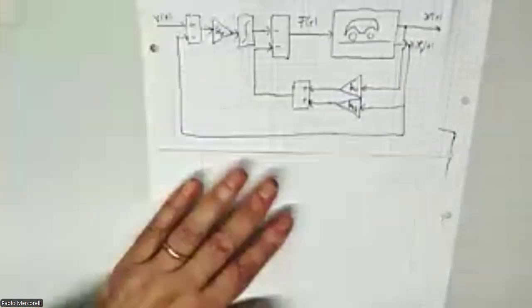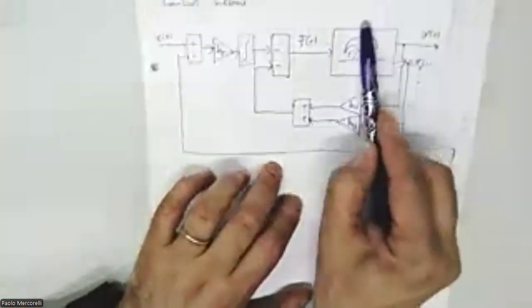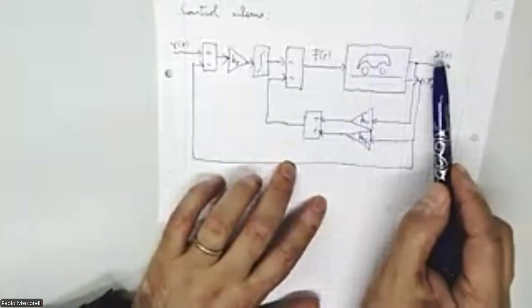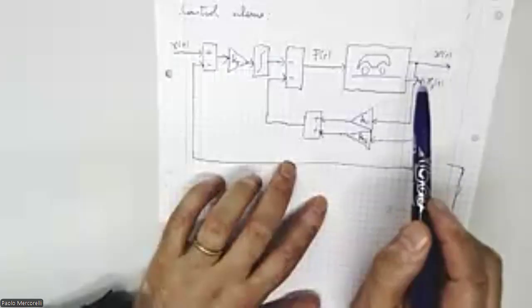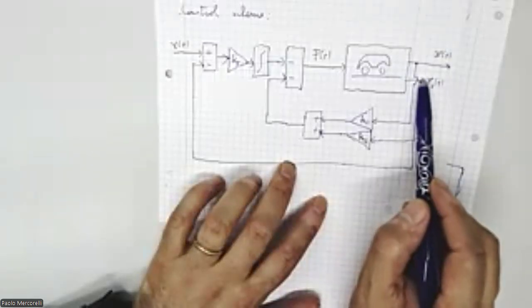If you want, I can anticipate this concept of the input. I think we already saw this with MATLAB at least once. Look at the scheme, and then we will come back to the scheme later. The system: I measure x and xv, position and velocity. I need the information about the position and the velocity.